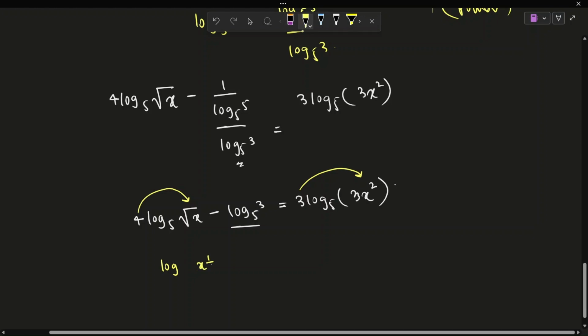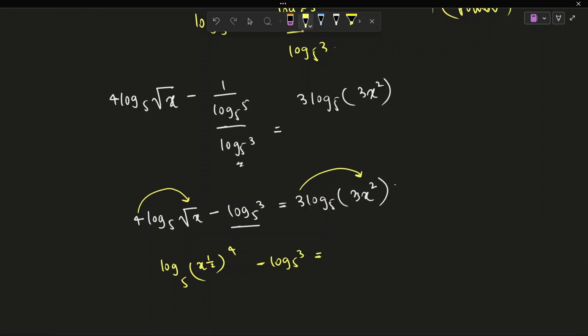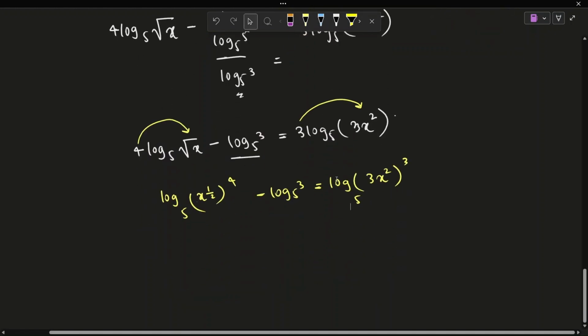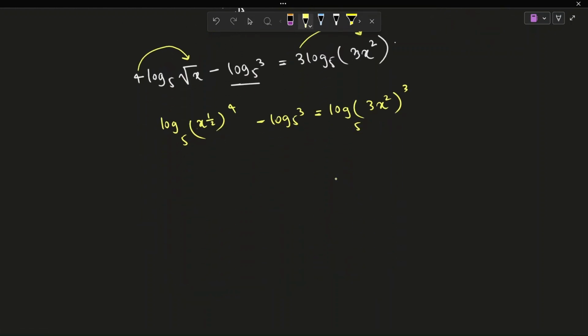So x to the power half to the power 4 to the base 5 minus, I'm going to leave log 3 to the base 5 as it is, and for the right hand side, I'm going to take 3 onto the power, so that's going to give us log 3x squared to the power 3 to the base 5. Now I'm just going to reduce those powers to simplify it down just a bit.